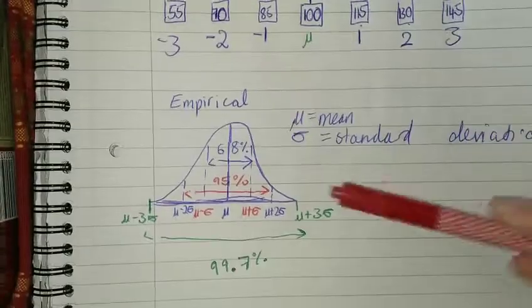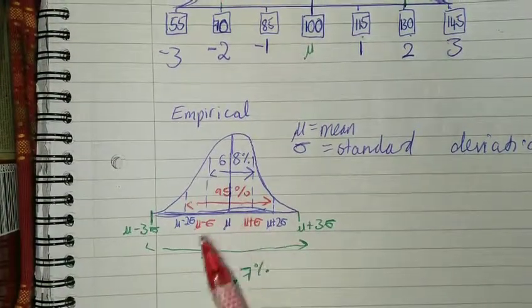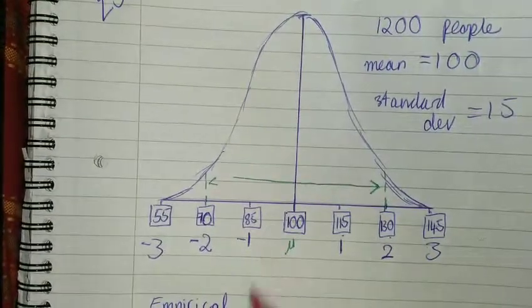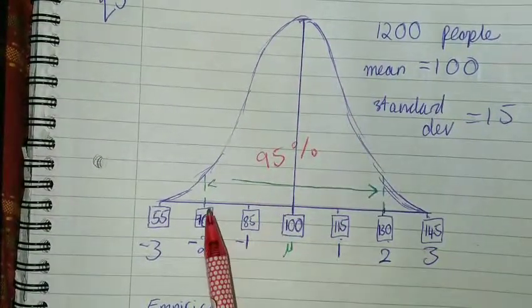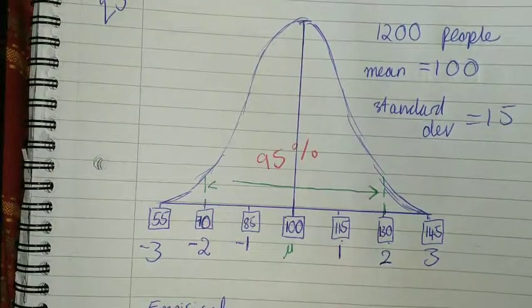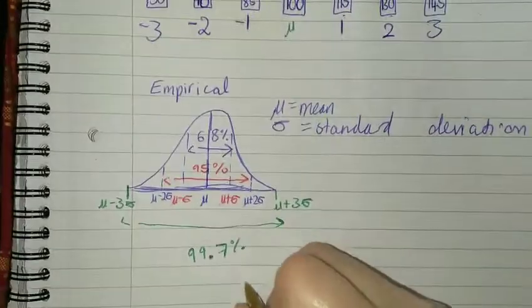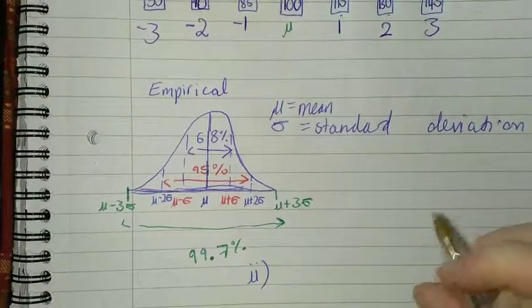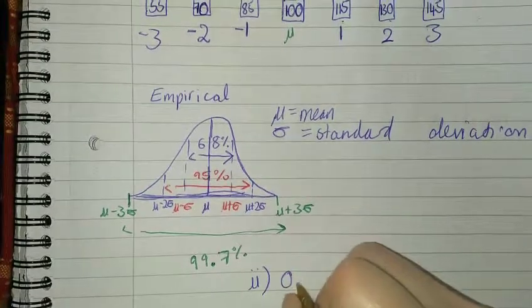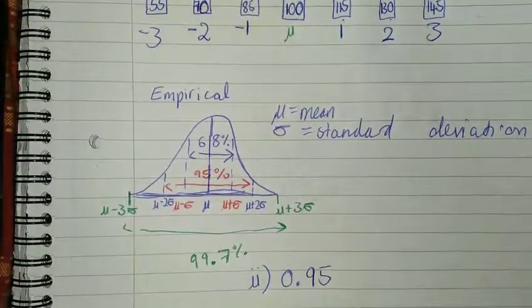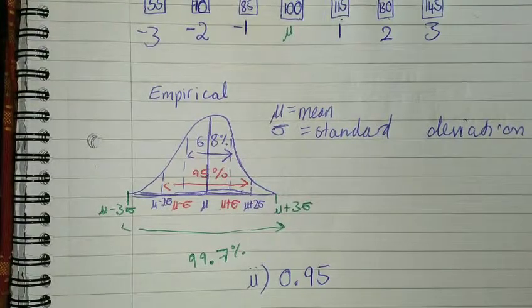From our empirical rule, 95% of all data is within 2 standard deviations of the mean, so 95% of all data lies between 70 and 130. Therefore, the probability that a person has an IQ score within that range is 0.95.